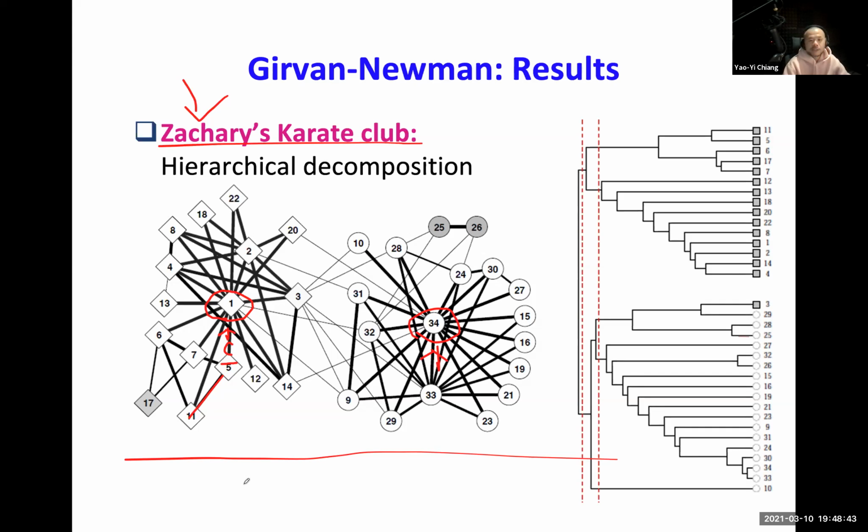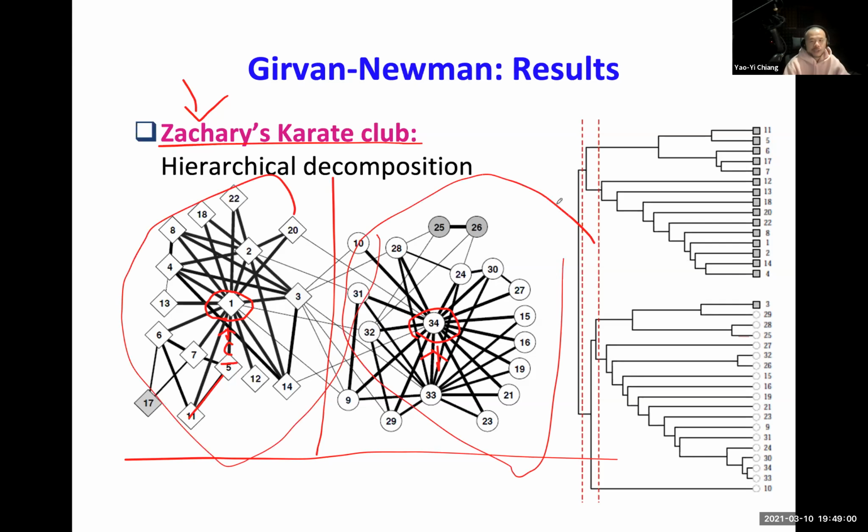Based on this social network, they predicted that if the karate club is going to break into two pieces, this will be the way to divide the club, because here it's densely connected, and here it's densely connected. And I think in their original paper, this actually happened. The karate club divided into two parts, and their original hypothesis was pretty accurate.